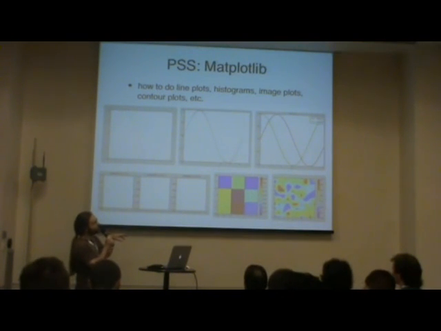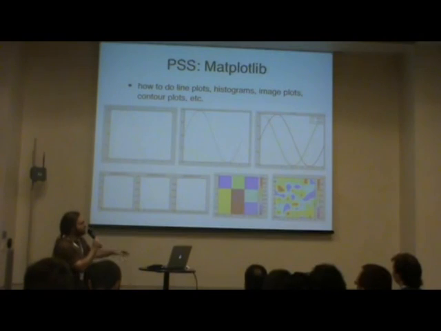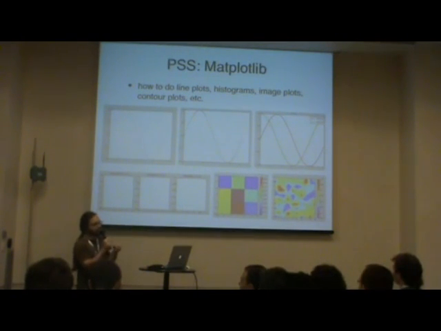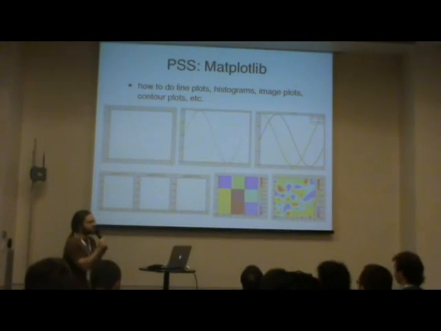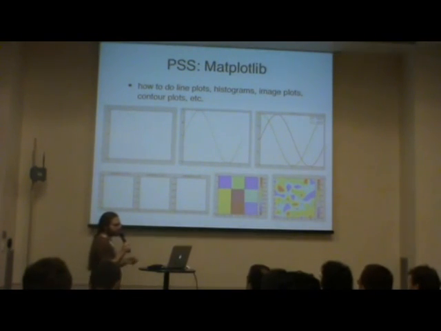How to make pseudo-color images, so it's a way to represent a two-dimensional matrix using an image, or contour plots, which maybe you're familiar with. This kind of visualization is how you show depth, geophysical depth, the depth of the ground level.